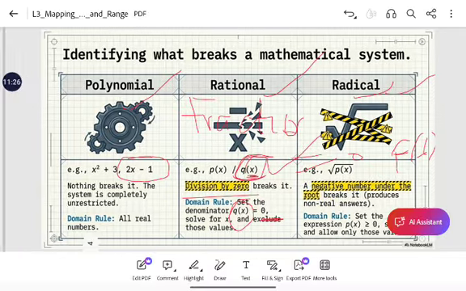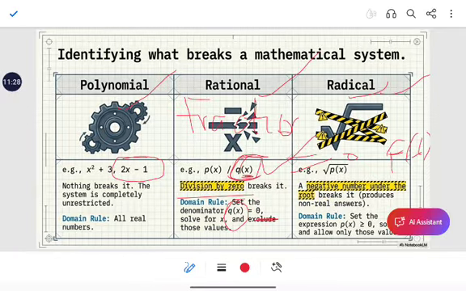The p of x must be greater than or equal to 0.